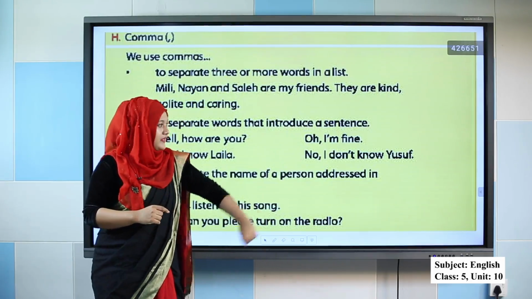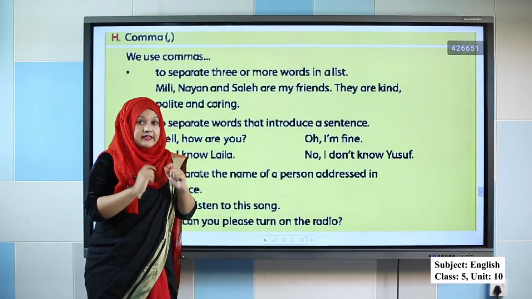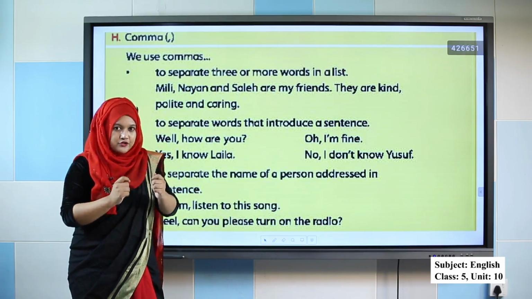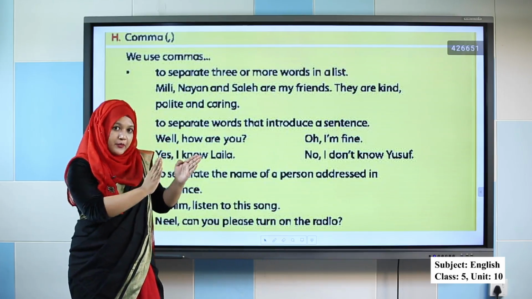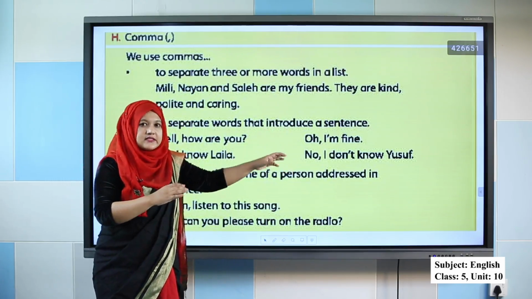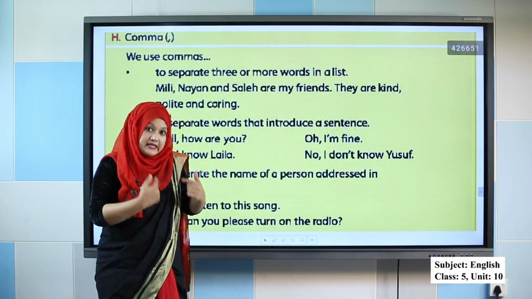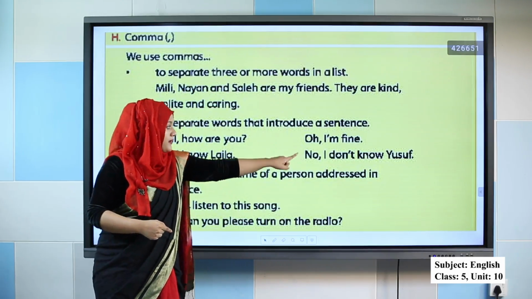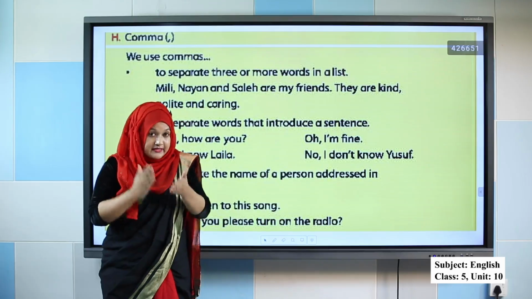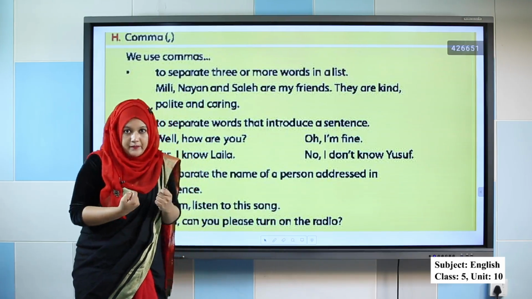So, I don't know Yusuf, this sentence is just introduced. So we need to separate the word no from the sentence. So we need to use comma after the word no.